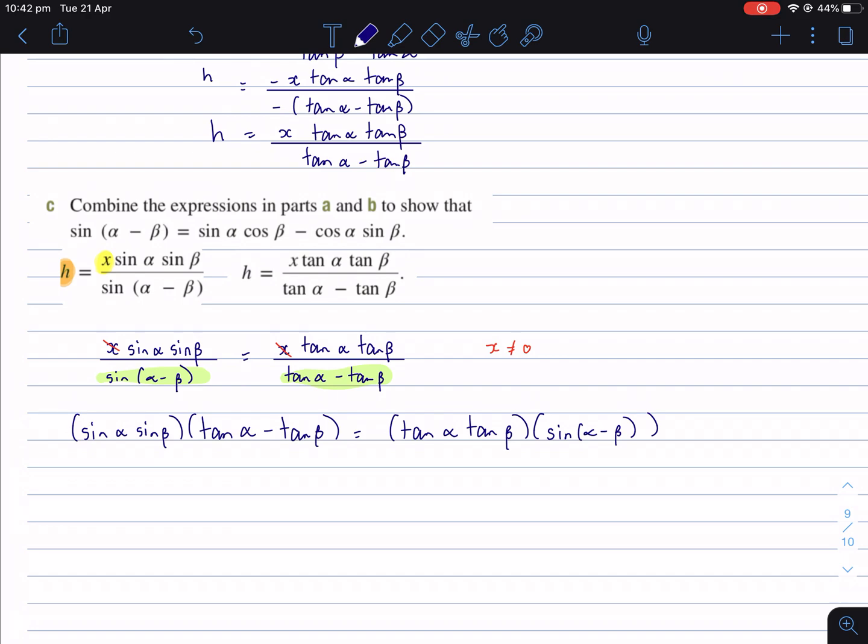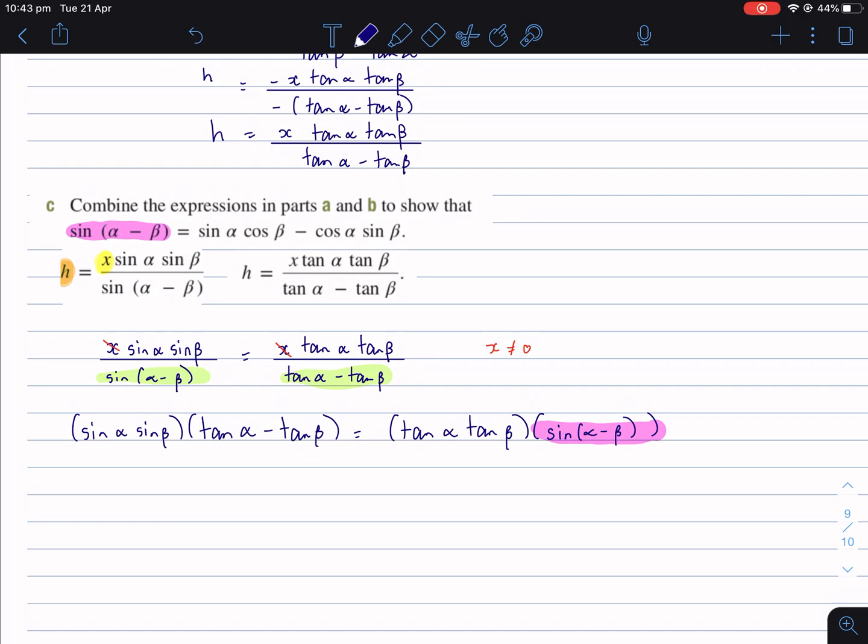Okay. I'm going to now... Ooh. No. Yes, actually. See how this is on its own? Well, this is now on the top line, and it's on its own. So I want to get... Well, I can make it on its own if I get rid of that tan alpha tan beta.